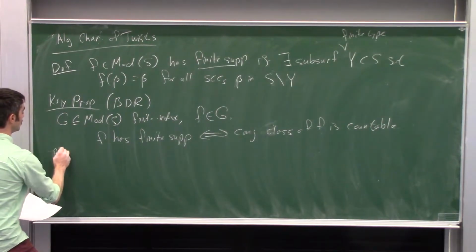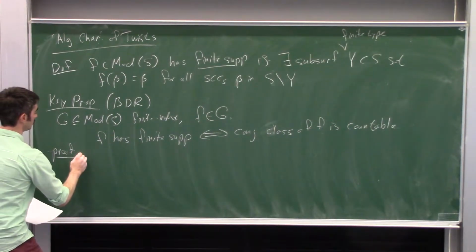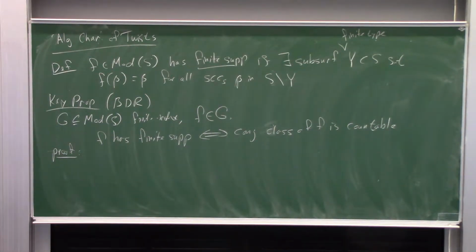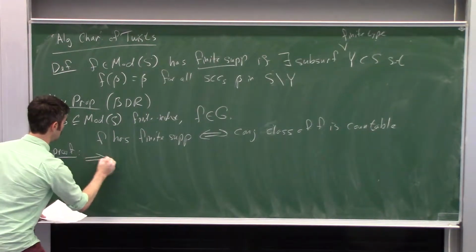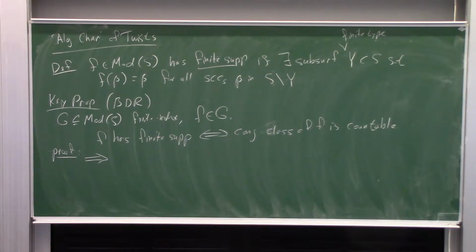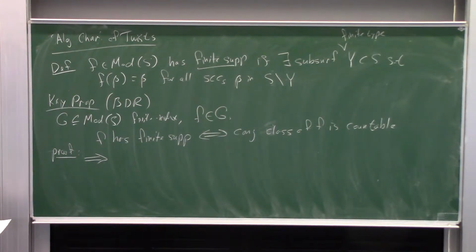Let me give the proof. Okay. So first of all, let's suppose f has finite type support. Okay. So then you could just think of it as coming from this finite type subsurface Y. In that case, the mapping class group of Y is generated by Dehn twists. So f is a finite product of Dehn twists.